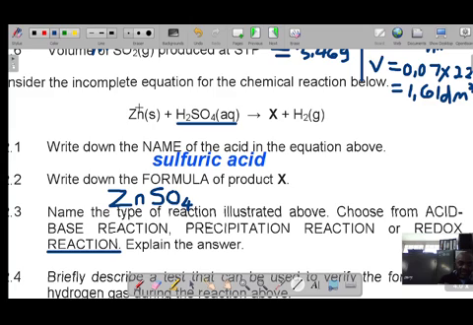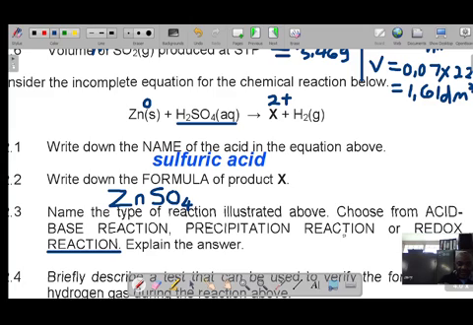Here my zinc has 0 oxidation state, but now in zinc sulfate it becomes positive 2 oxidation state. So because of the increase from 0 to positive 2, it's called a redox reaction.